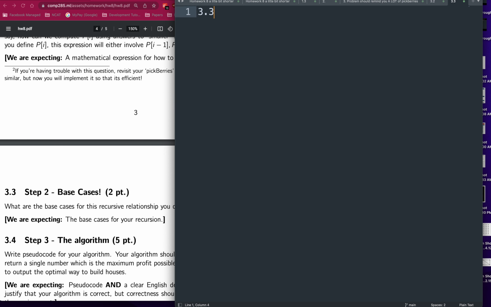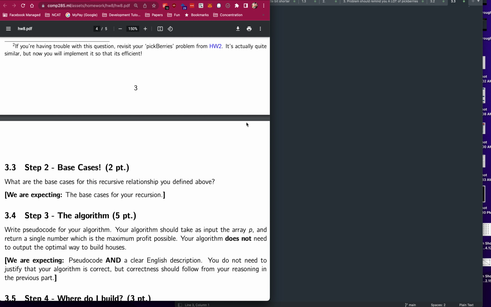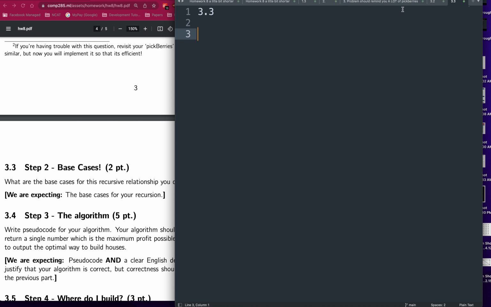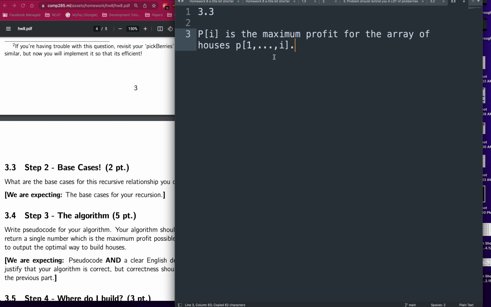But now we jump to 3.3, and here, I just asked you for the base cases. So what are the easy solutions? If you go back to P(i) in this problem statement, P(i) is the maximum profit for the array of houses 1 up to i. Then I would ask you, what is the easiest solution you already know the answer to?